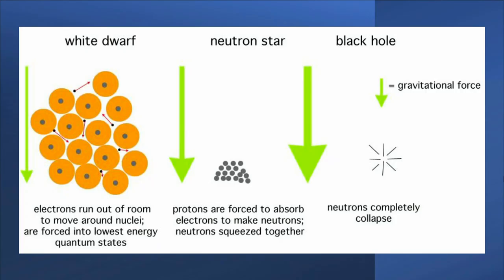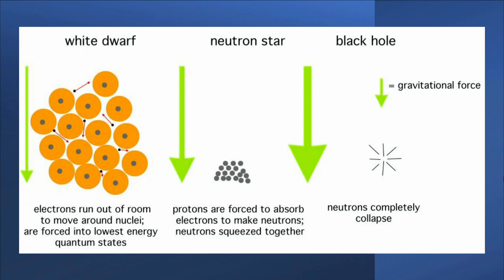For a neutron star, you have enough mass to overcome this electron degeneracy pressure, and there's enough mass to start the protons and electrons fusing together to make neutrons. So now I've got just a ball of neutrons in the core of my star, and there's a neutron degeneracy pressure that supports the weight of all of these neutrons from collapsing any further.